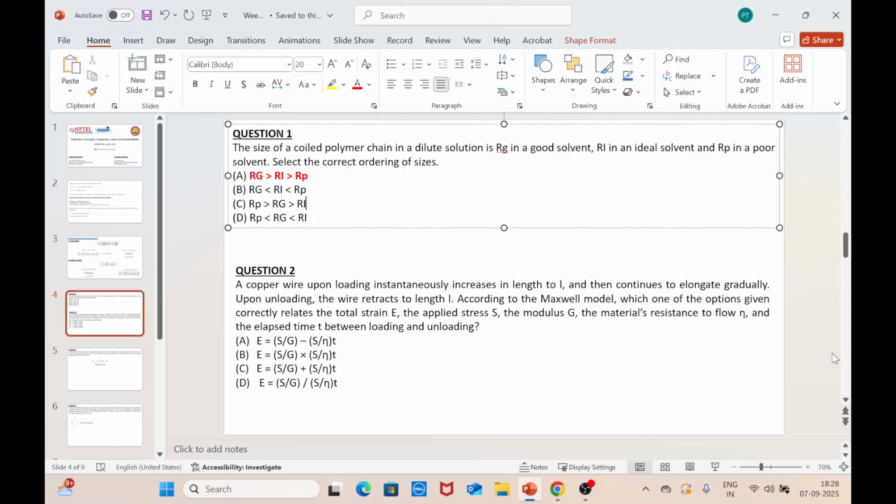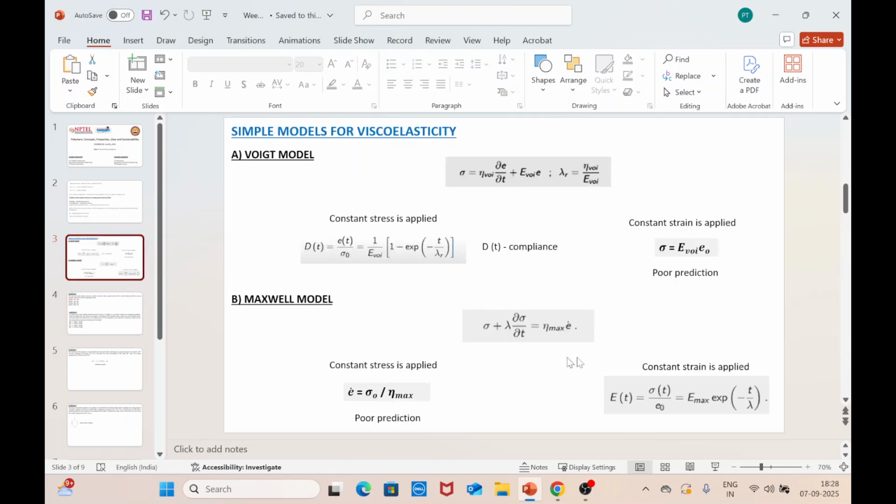And here please take that total strain is represented as capital E. So the Maxwell model is this one.